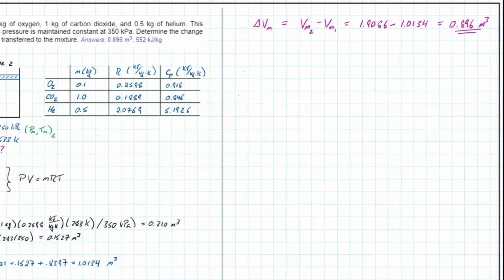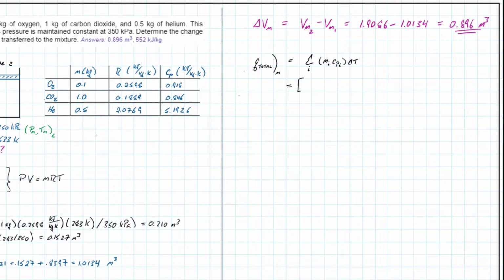Or I can write this as Q total for the mixture will be equal to the sum over each component of the mixture times the mass of that component, the specific heat of that component, times delta T, going from T1 to T2. So we can calculate this as the summation, which is the way I'll write it, or we could figure out the total amount of energy for each component individually.